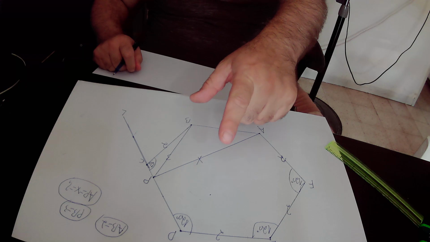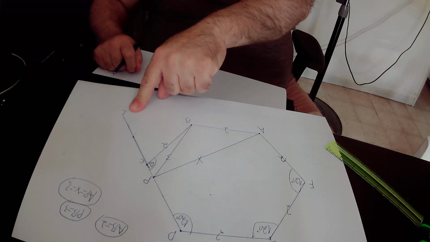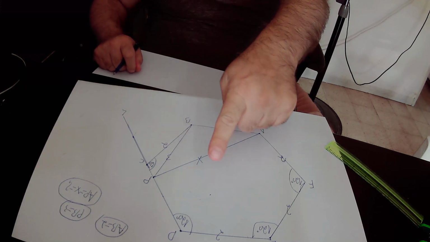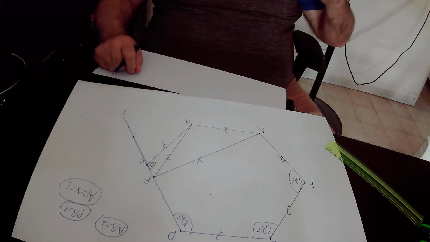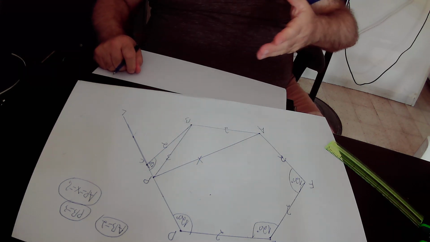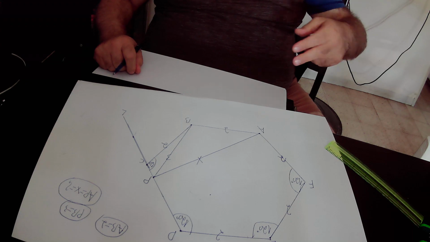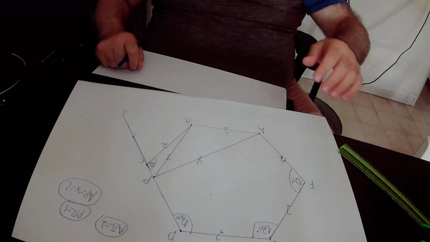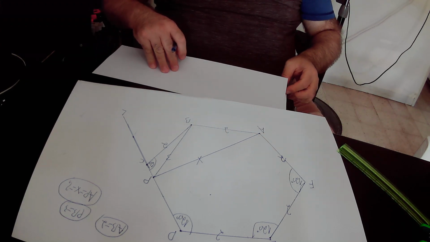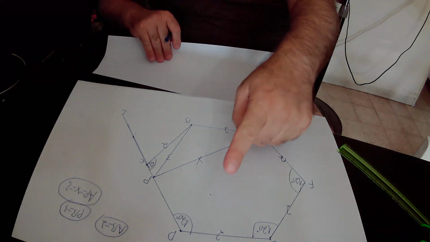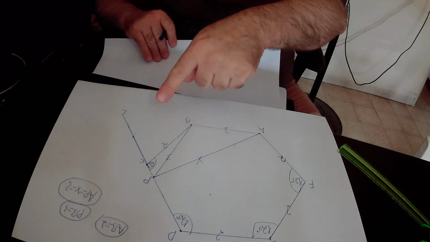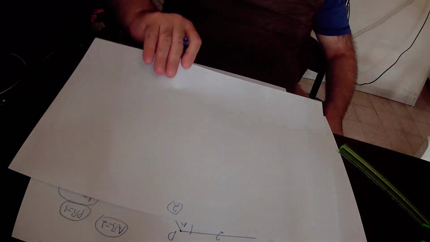We extended the straight line DC by a straight line, and this way we got line segment DL. When you extend a straight line by a straight line, the result must be a straight line. So DL is a straight line. We can write down that line segment DL, this line segment, is a straight line.